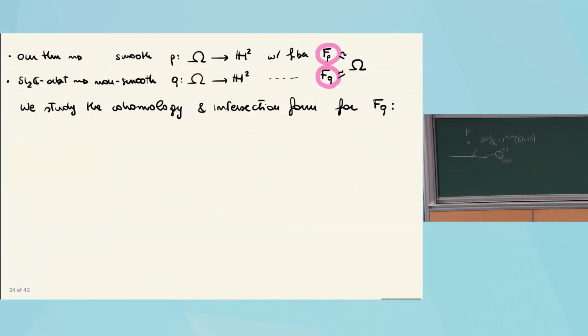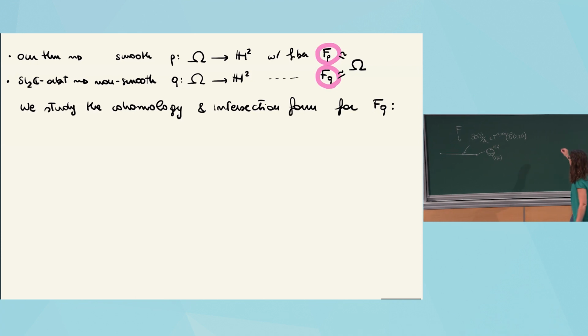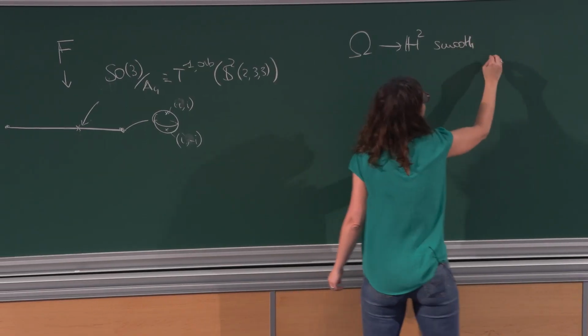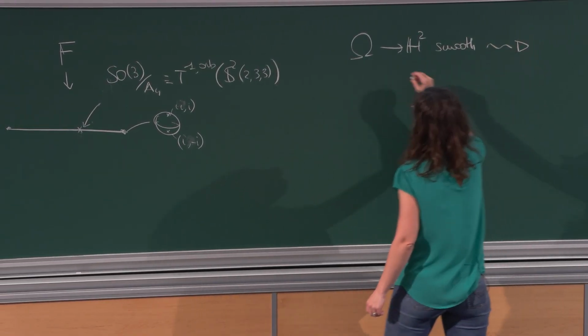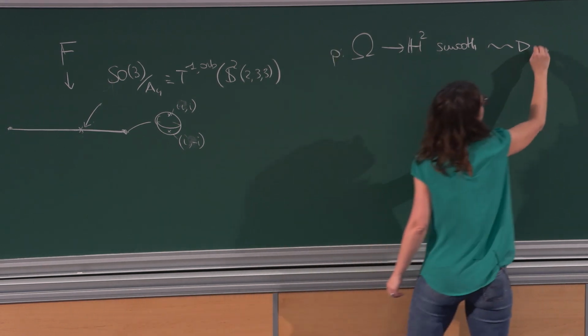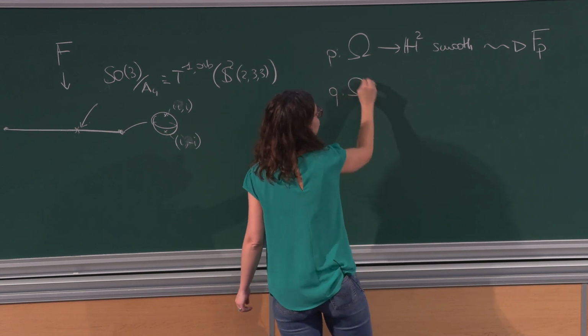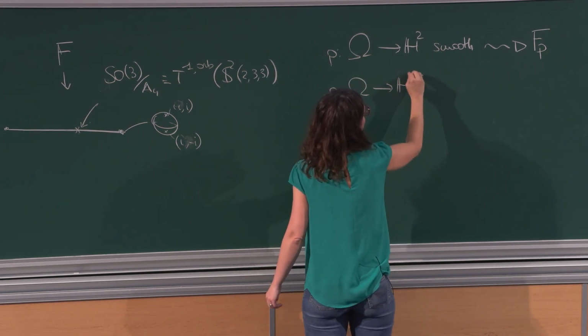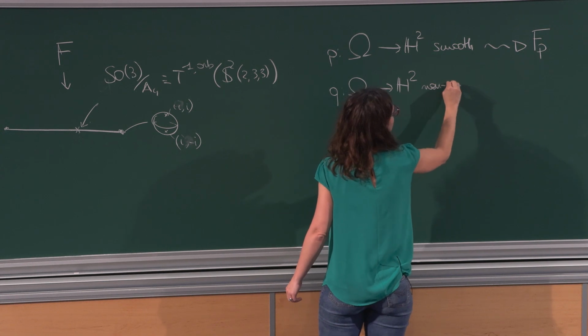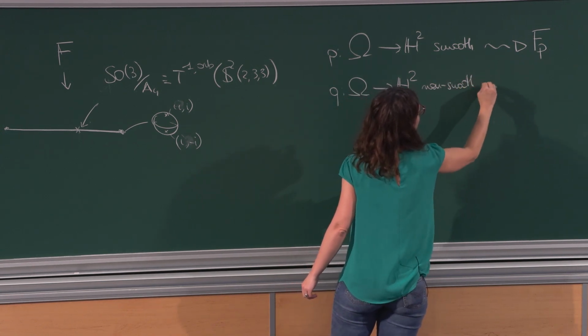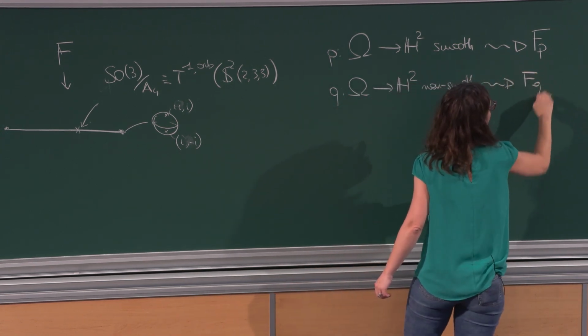And so, okay, what do we have? We have our smooth projection, which I think I call P, and this gives a fiber FP, and then we have this non-smooth projection, this one coming from tetrahedra, and this gives you another fiber.